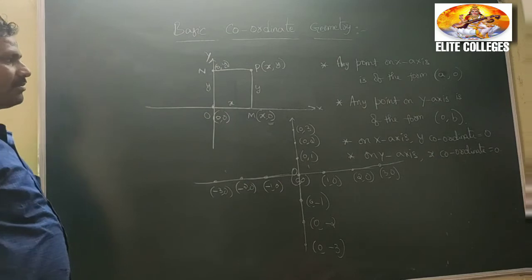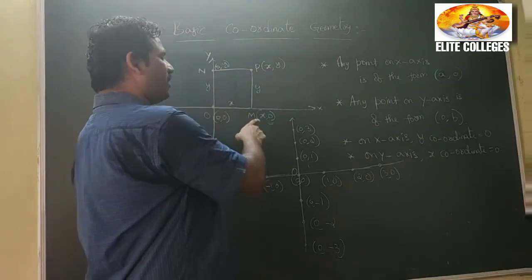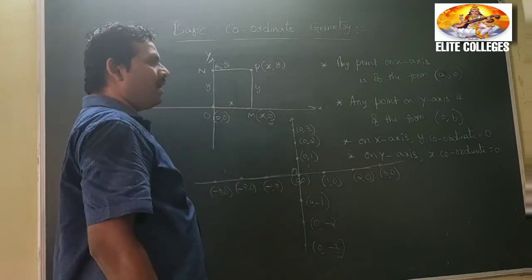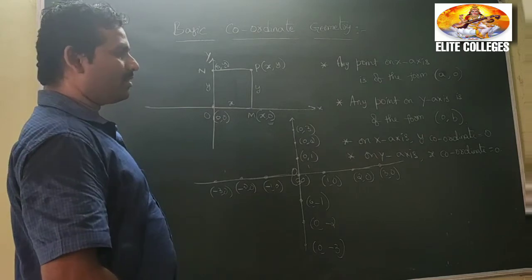So that is the thing. This is the point on the x-axis. Any point on the x-axis is of the form a comma 0 or x comma 0. On the x-axis, the y coordinate is 0. On the y-axis, the x coordinate is 0.